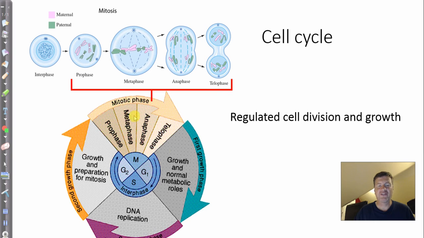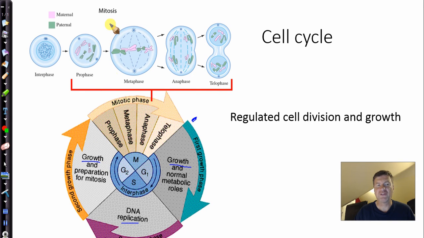This chart here represents the cell cycle. Think of the cell cycle like the cell's lifetime, if you will. If you wanted to start here just as a place to begin, this is when a cell is born. This is kind of its birthday. It's going to go through a series of growth, of time of copying its DNA, some more growth, and then the actual division process.